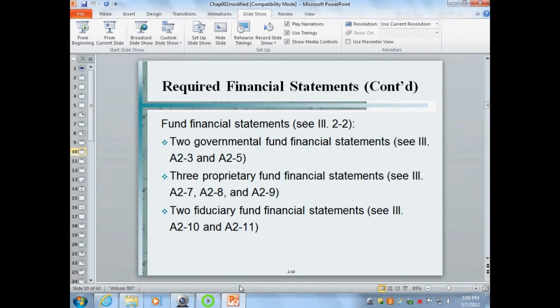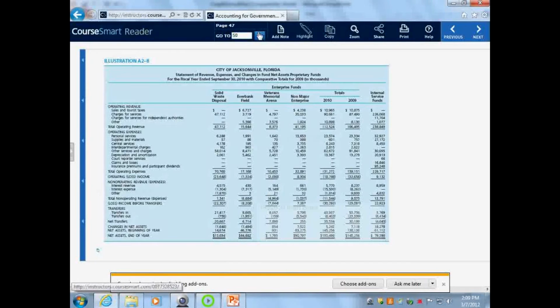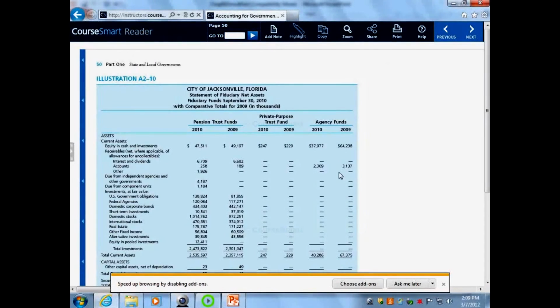It's just like you would do it for business entities. But there's something interesting about fiduciary statements, and let's take a look at those. They start on page 50, and I'm going to go to those.